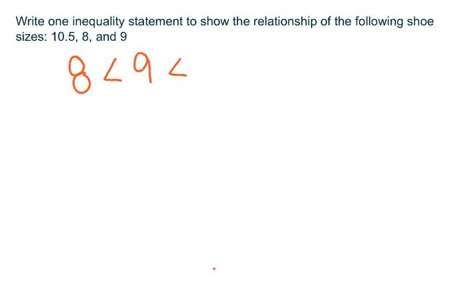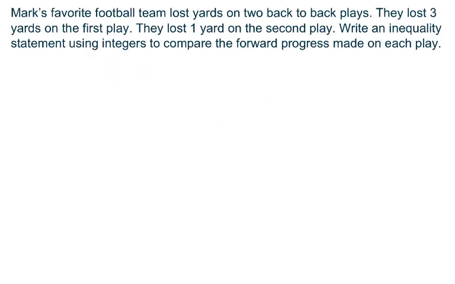And 9 is going to be smaller than our greatest number, which is 10.5. Now, let's do the opposite. Let's start with our biggest number, which is 10.5. So 10.5 would be greater than our second smallest number, which is 9, which is greater than our smallest number.